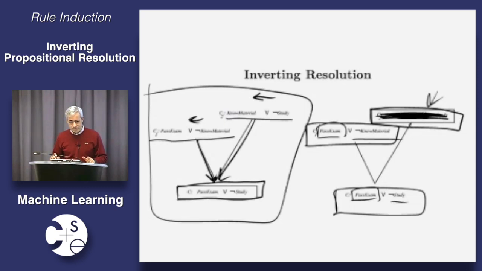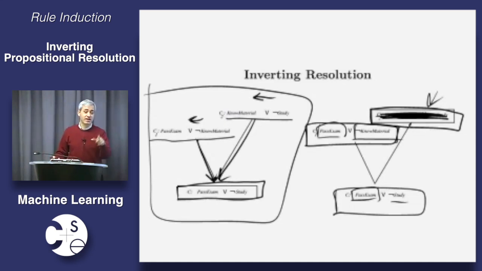They need to contain not pass exam, the one that we're looking for on the right. It doesn't need to contain no material, because you know that the clause that's in both of them, the one negated, is the one that you remove, and you know that it's not in the final one, so it must be in the other one.